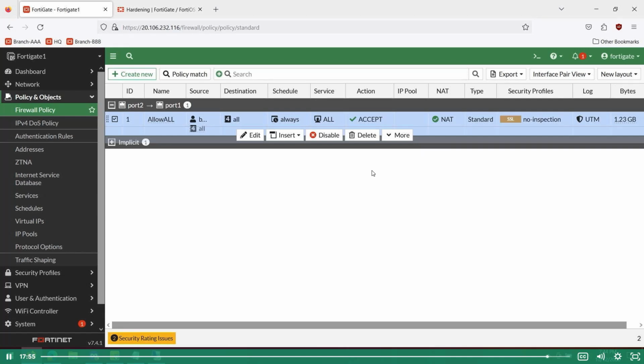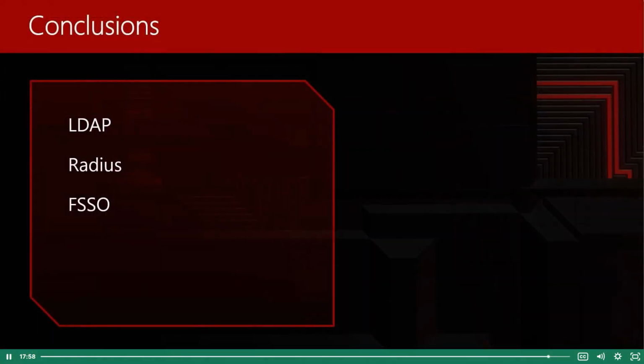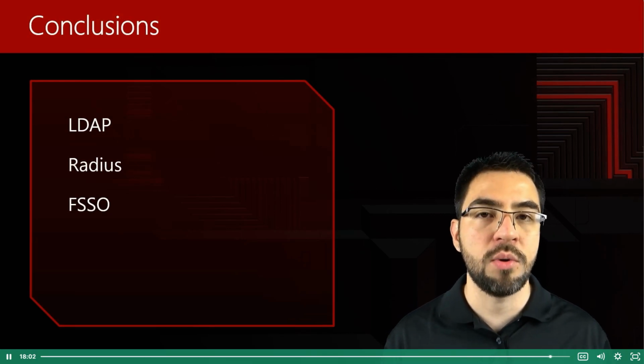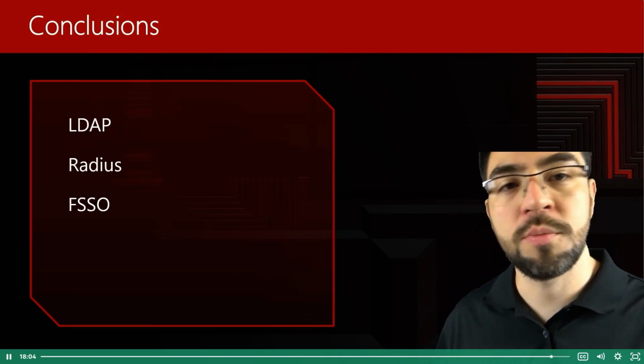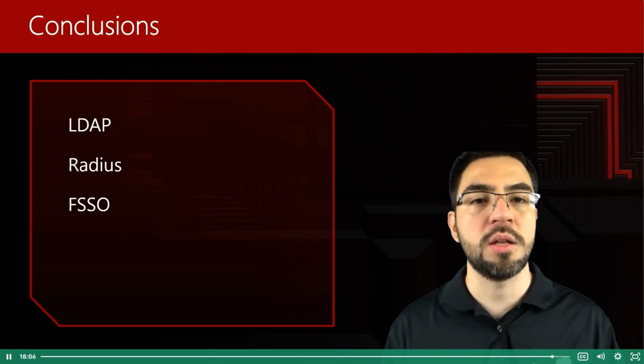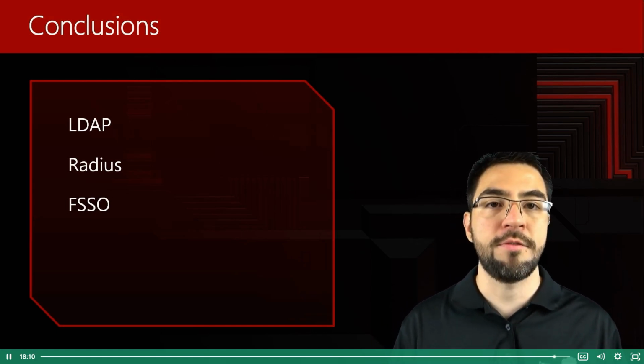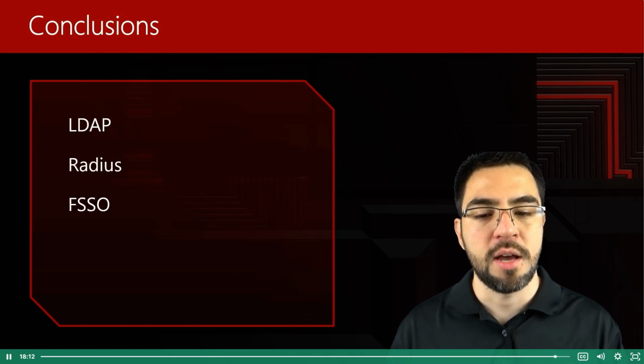If we go back to the slides, just as a summary, remember all the steps that we need to do when we have a new firewall. We don't want to jump directly to start configuring policies and applications. We want to take care of the firewall itself first.